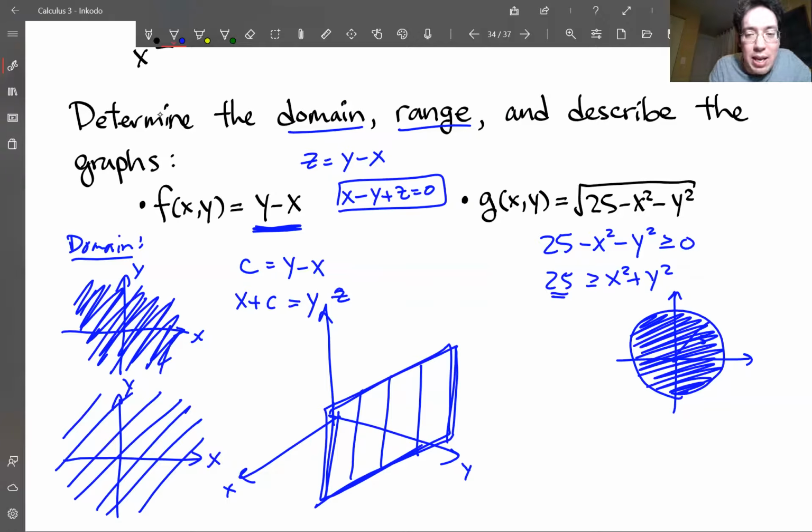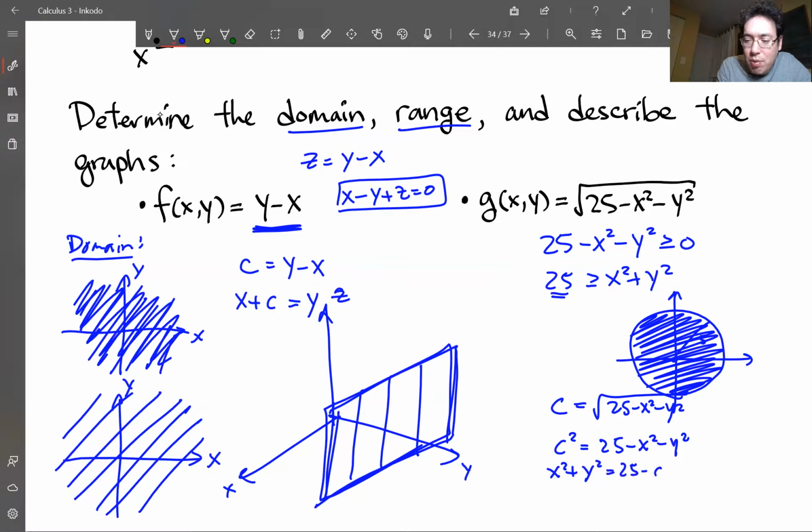And we can look at level curves as well. Same idea. You set the output equal to a constant, and move things around until we recognize what this curve looks like. So this is an equation of a circle centered at the origin with radius square root of 25 minus c squared.